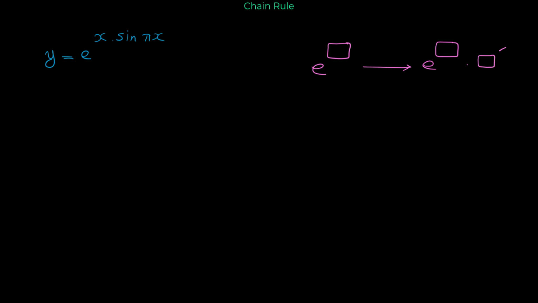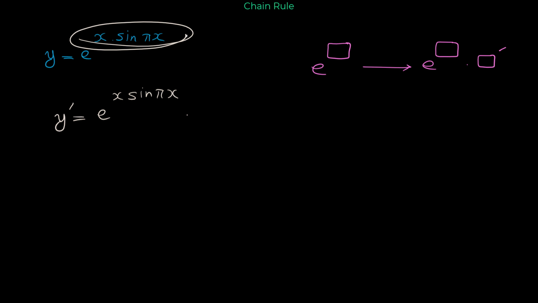Back to this question. We have e to the power of x sine of pi x. Based on derivative of exponential function, derivative of this function is e to the power of x sine of pi x. This is derivative of outside function, and multiply by derivative of the inside, derivative of whatever is here. For finding derivative of x times sine of pi x, we use product rule.